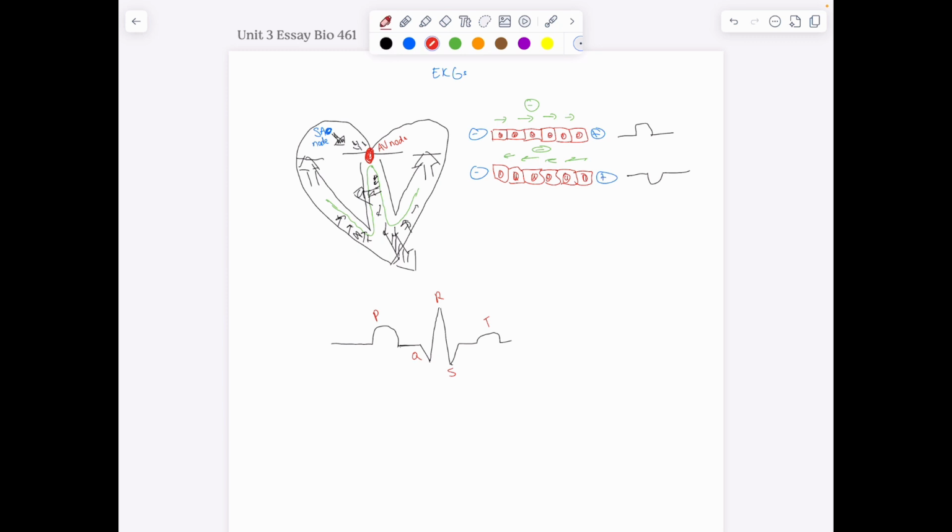And so to summarize, we have our P wave, Q, R, S, and then T. So our P wave is going to be our atrial depolarization.